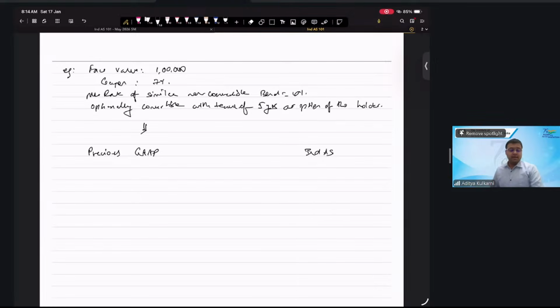Previous GAAP and Ind AS. Previous GAAP, you would have passed the entry: bank account debit to convertible debentures. Do you agree with this?